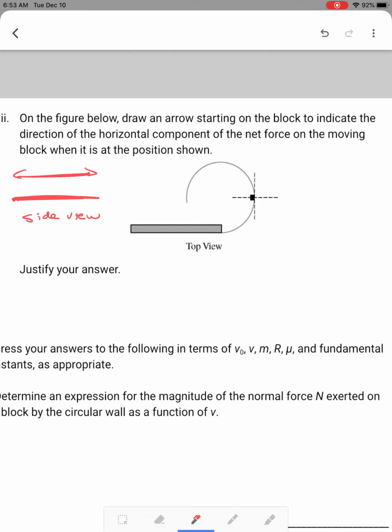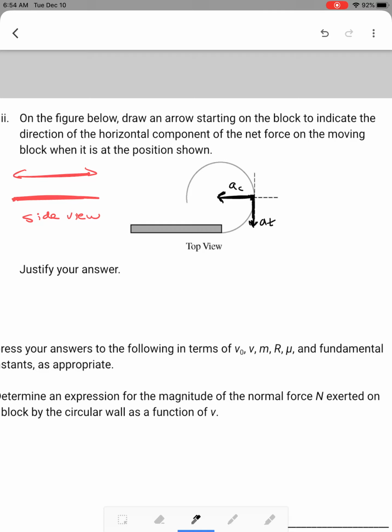So I certainly have a force in the horizontal direction here. Because I have an unbalanced force in the centripetal direction, I'm going to have a centripetal acceleration. However, I'm also experiencing friction between the wall and the block, so I'm going to have a tangential acceleration as well.